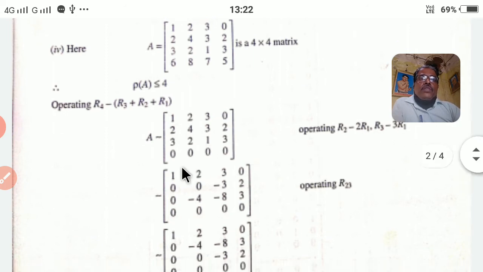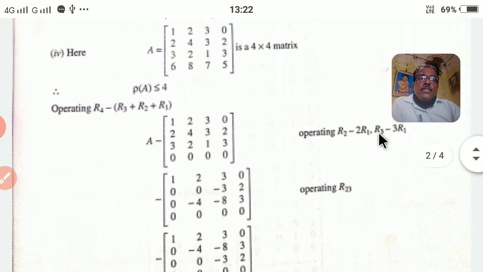Then the first row as it is, R2 becomes R2 minus 2 R1, these elements we get. Next, the third row we write by the operation R3 minus 3 R1, and we get these elements 0 minus 4 minus 8 minus 3. The last row as it is.